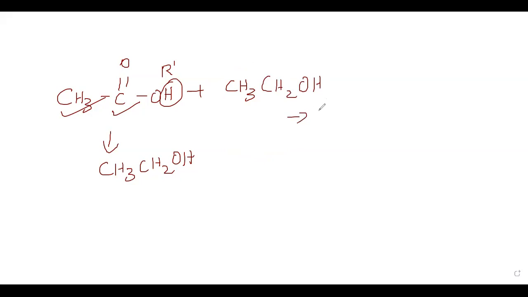Ethyl acetate. Okay, so CH3, C double bond O, O, CH2, CH3. I will get back to you, Aditya. So now in this cleavage here, one hydrogen is added, one hydrogen should get added here, two hydrogen should get added here.